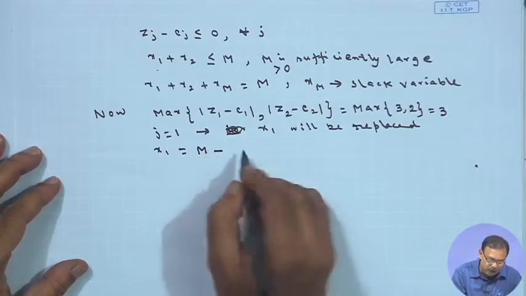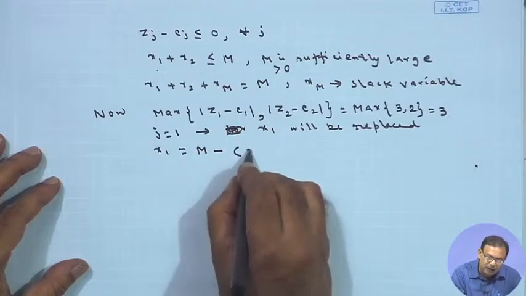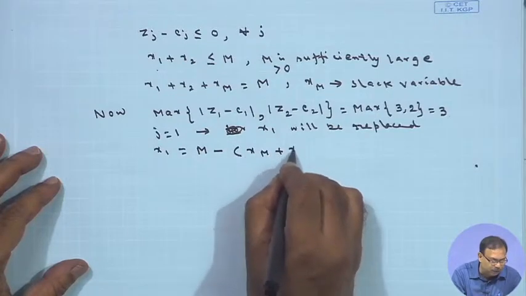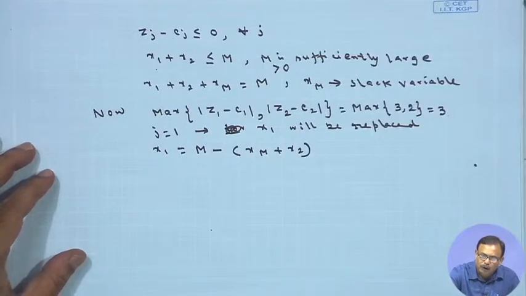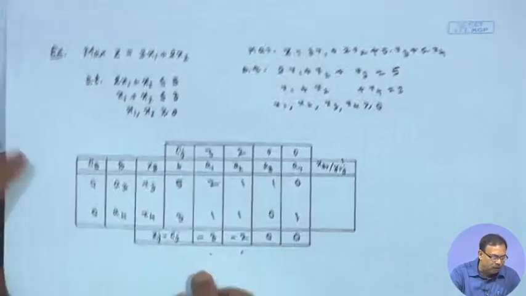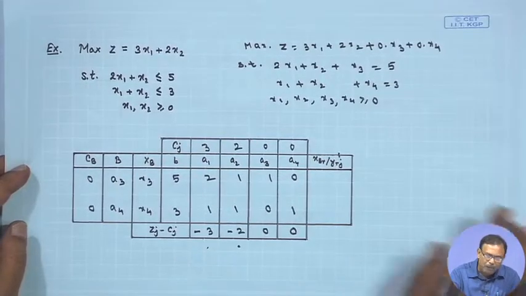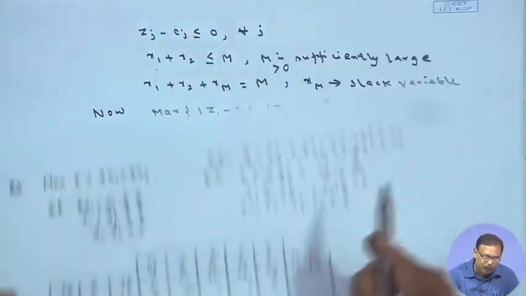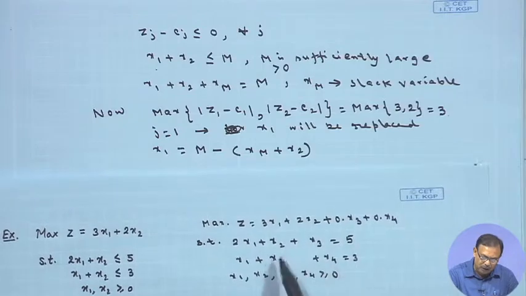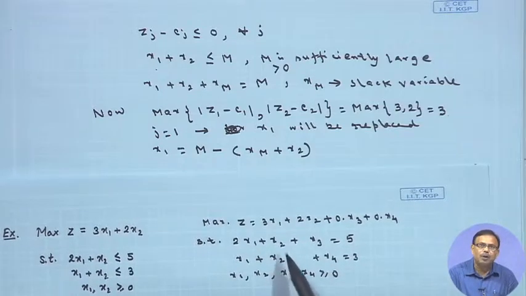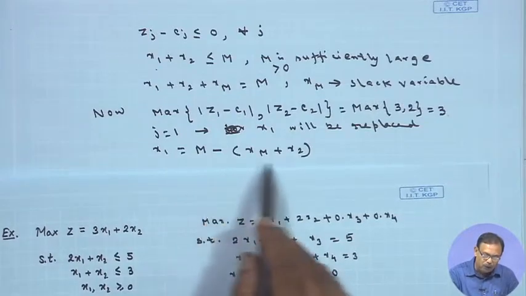From that equation, m minus x m plus x 2. Please note that this was your original problem. Now, in this original problem, x 1 will be replaced by this value. Similarly, in the constraints also, x 1 will be replaced.